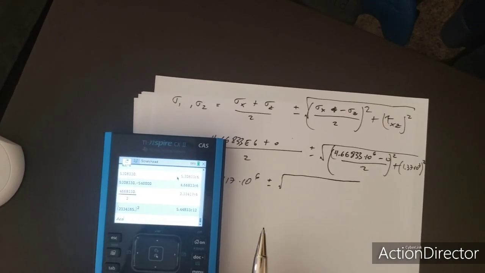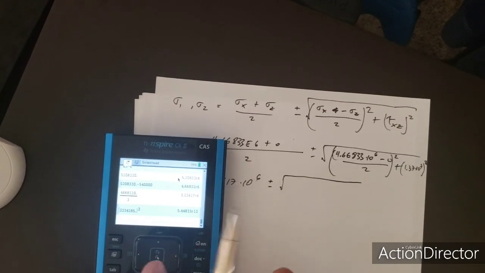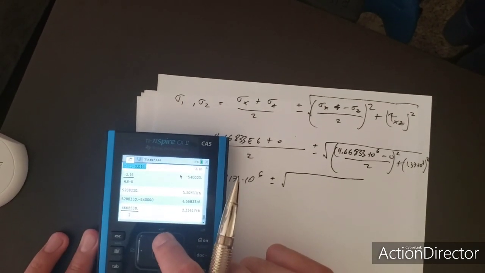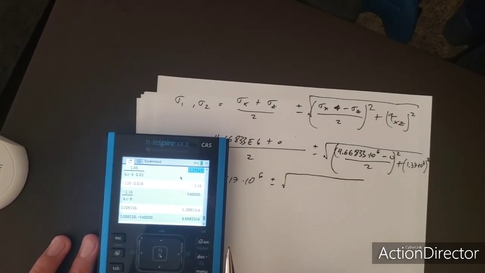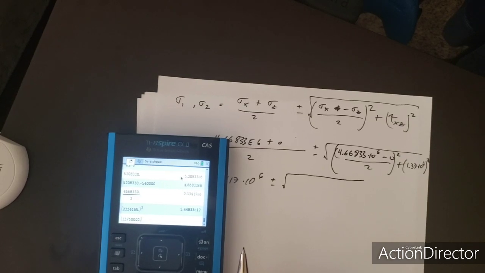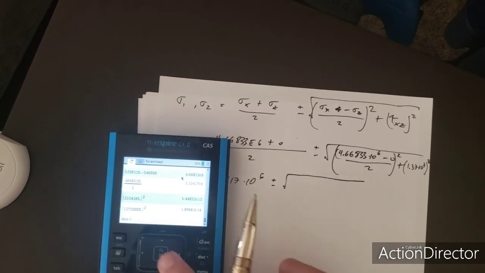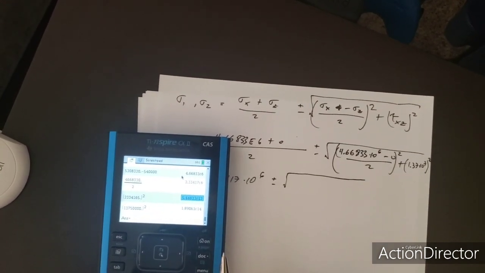Oh wait, I'm not going to add it right now. So what if I get 1.37? Let me look for that number. 1.37, 375 actually. Square that, plus what we found right now, 5.44.